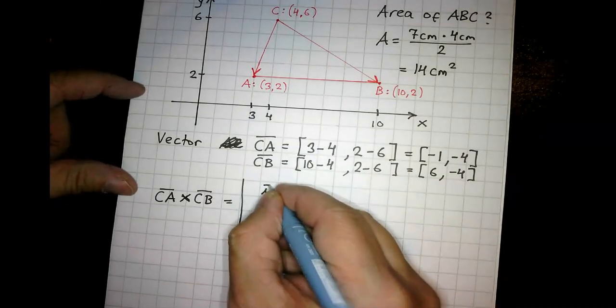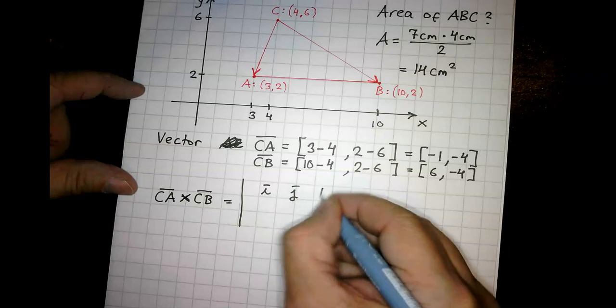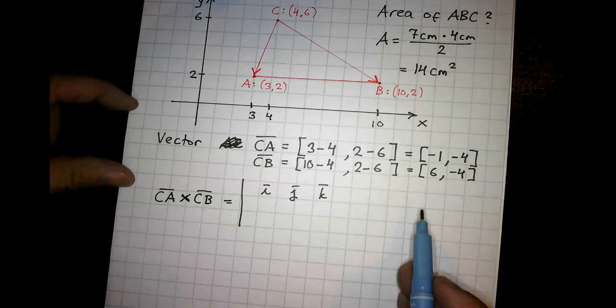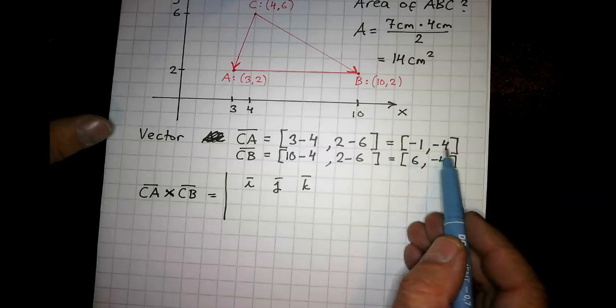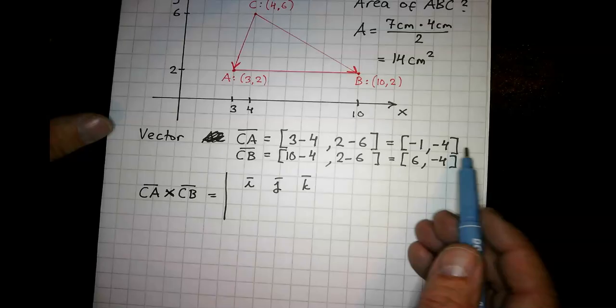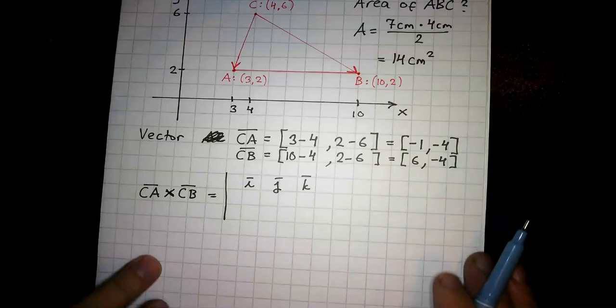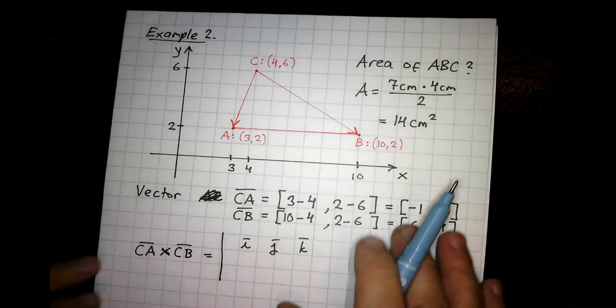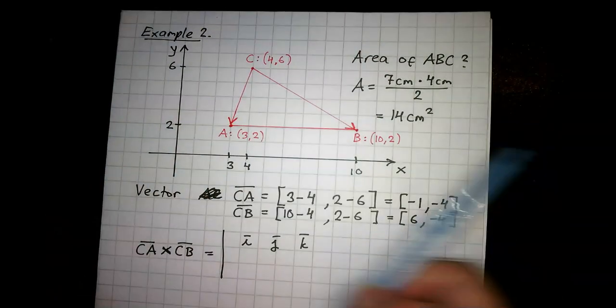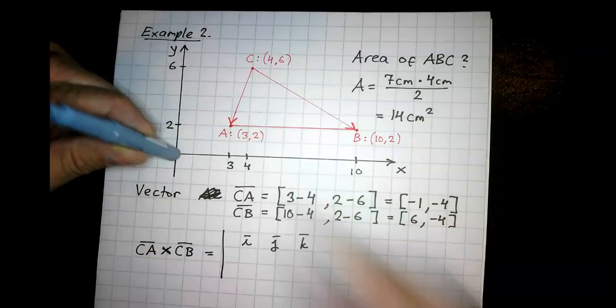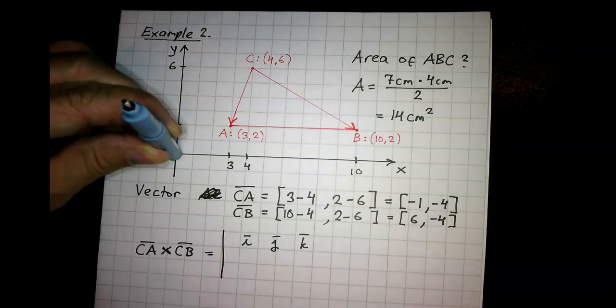I have I, J, K, and then I have these vectors. Actually, I have here only 2 components, but the third component will be 0, because this figure is in the XY plane. The Z coordinate axis will go upwards from the paper like this.